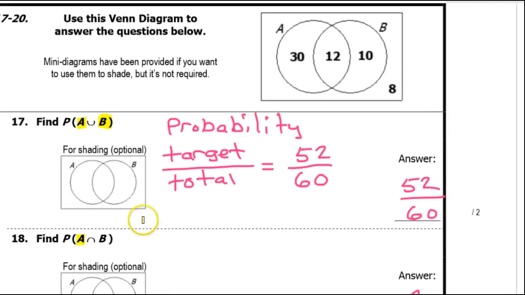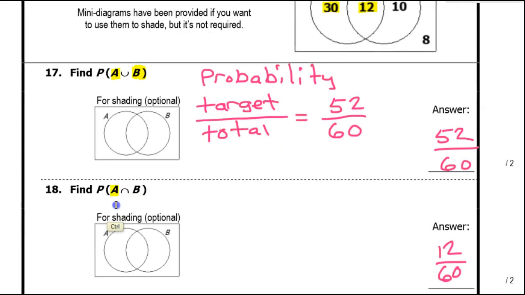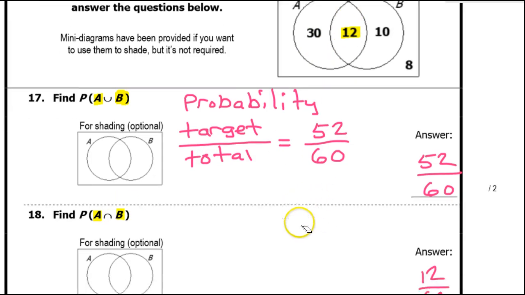We could start with A. So look, these are the two numbers that are in A. But since this is an AND problem, we're going to take away using the other set. So it has to be set B as well. So that means we have to take away the 30 so that we will only have numbers that are in set B. And that's another way to get the 12.